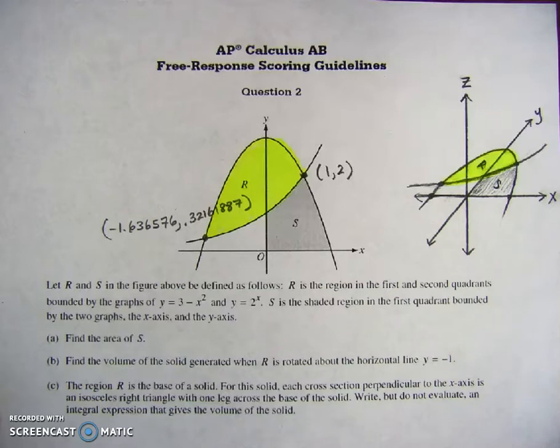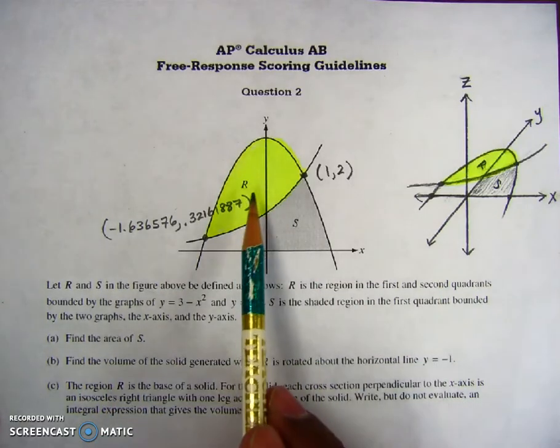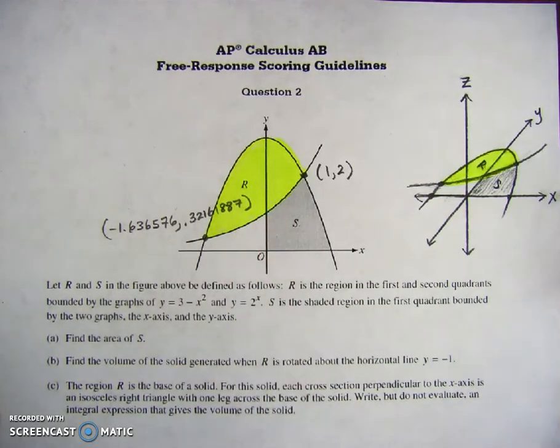So we have two regions, region R and region S. We know that the two functions are y equals 3 minus x squared and y equals 2x. And part C asks: the region R is the base of a solid.